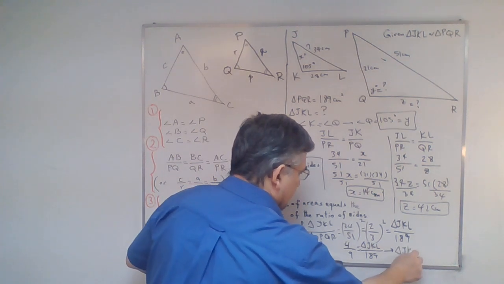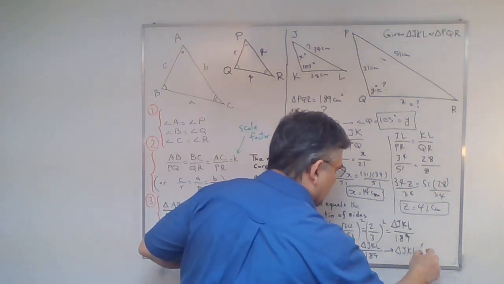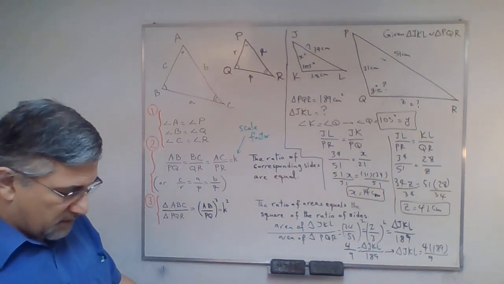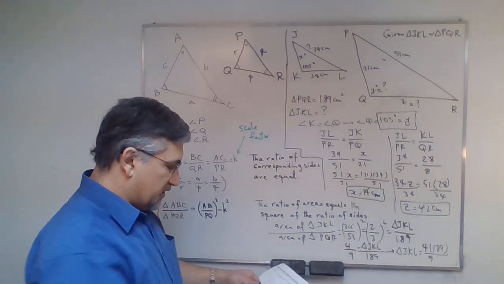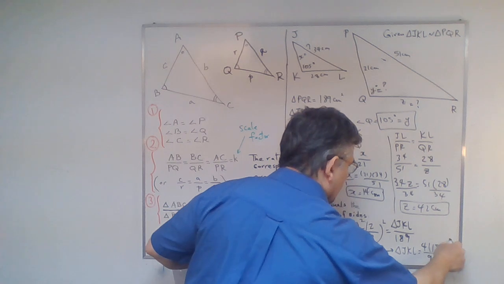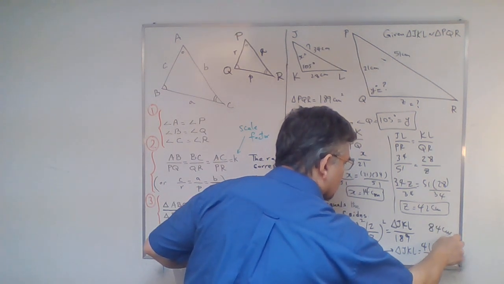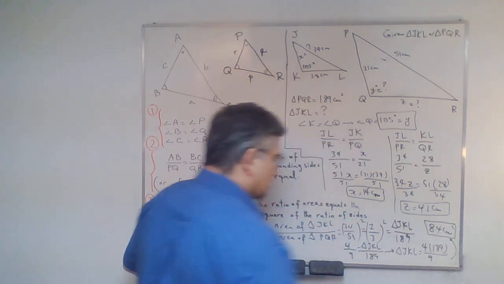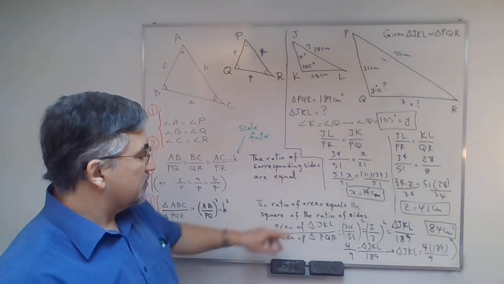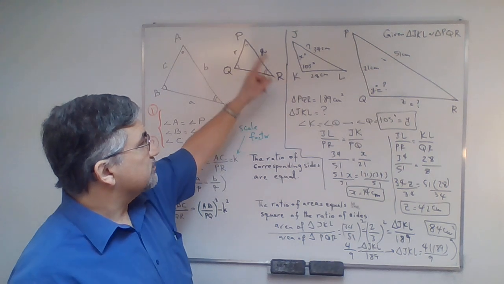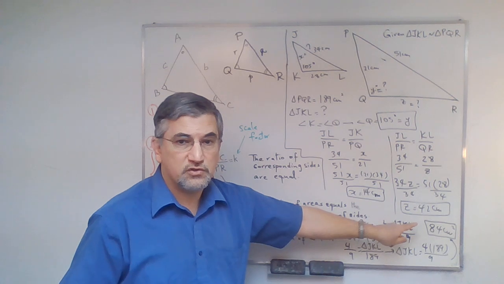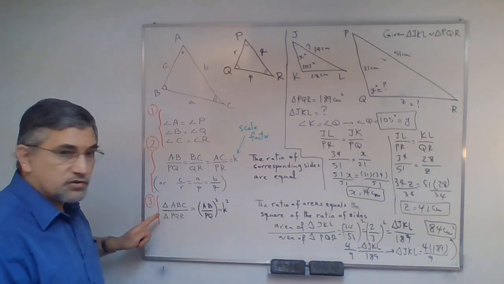If you do a cross multiplication, 4 times 189 divided by 9 would give us the answer. Use the calculator, it gives you 84. So the answer would be 84 square centimeters. This is the fourth unknown we were supposed to find, and we used the third property.